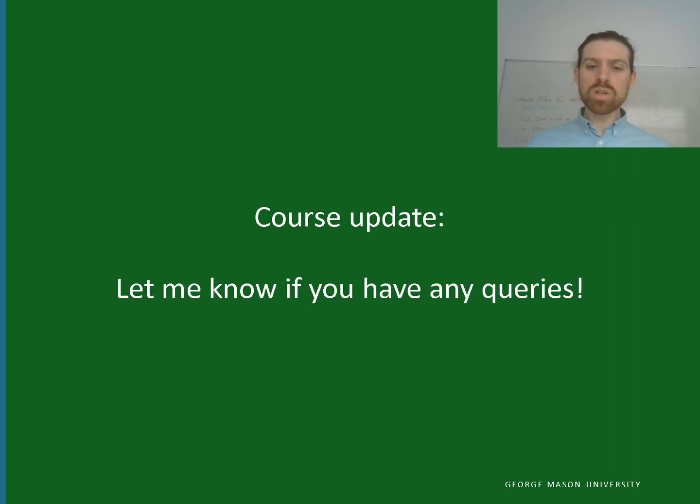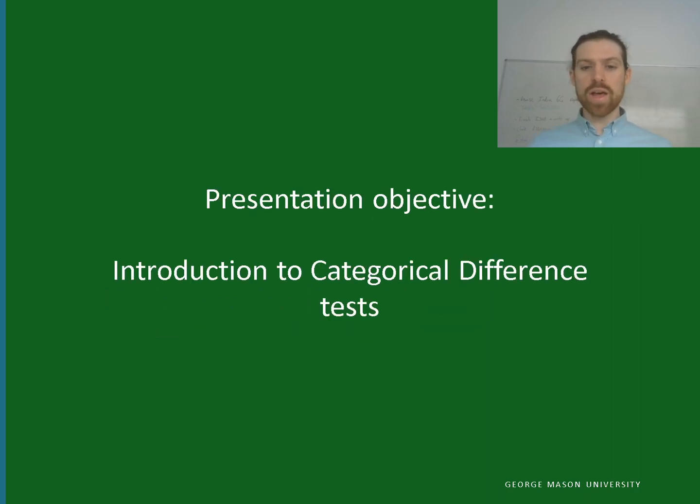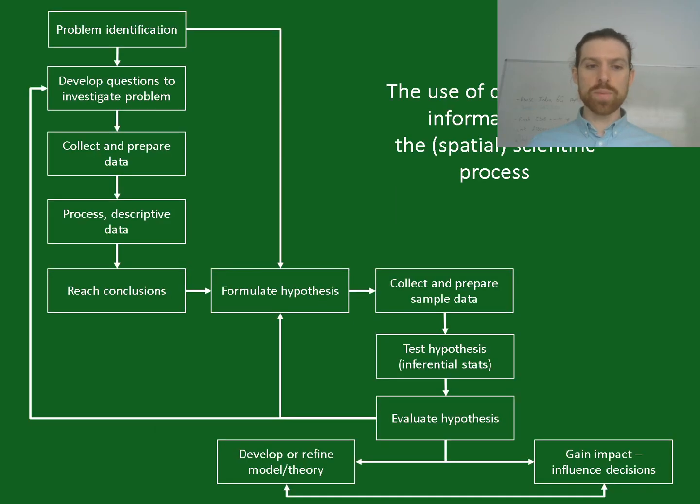Great. So today we're going to be covering these categorical difference tests. There's only a couple of them that we're actually going to cover. We've been focusing in the last couple of lectures on these inferential tests, very much trying to formalize our hypotheses about the world and then actually test those hypotheses. So we're able to collect some data, test hypotheses that we create, evaluate those hypotheses, and then either go back and develop the existing model or theory, or, more importantly, do the impact part.